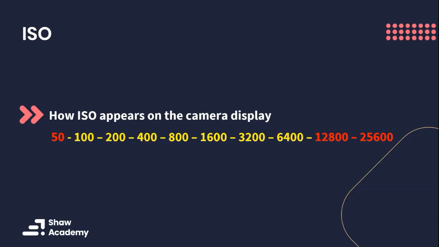The ones that are highlighted in red would be considered expanded ISO ranges. In other words, they're not always used on a daily basis. Everything highlighted in yellow would be our standard ISO ranges, and usually what we try to achieve when using ISO is the lowest value possible. Now, 50 is very low.